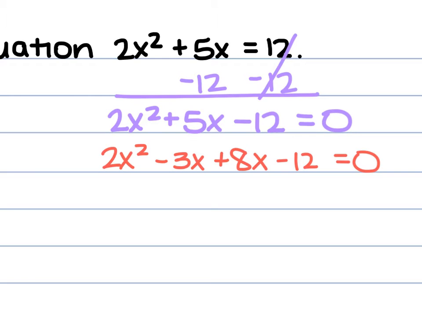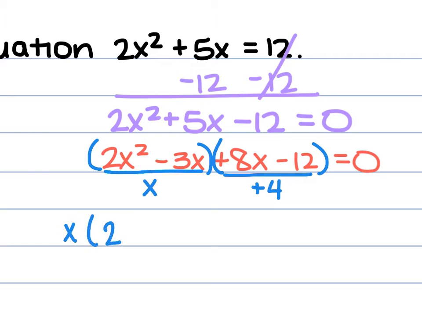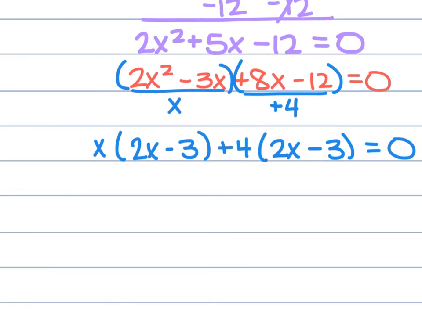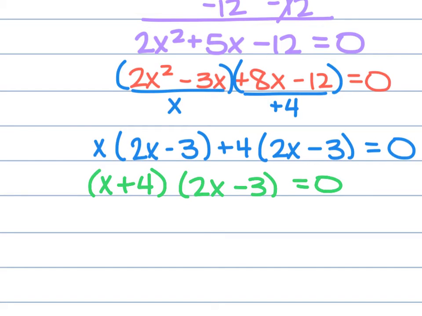We're going to factor by grouping now. The 2x squared minus 3x, we're going to factor out an x. The 8x minus 12, we're going to factor out a positive 4. So this is going to be x times 2x minus 3 and positive 4 times 2x minus 3 is equal to 0. From here, we're going to rewrite as x plus 4 and 2x minus 3 is equal to 0. Set each part equal to 0 now.